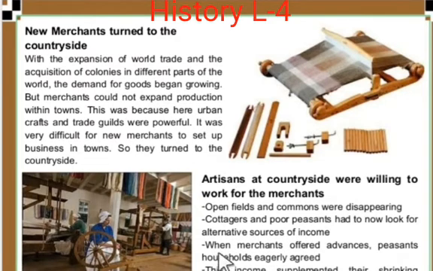When the merchant offered an advance, peasant households eagerly agreed because they were poor. When the rich were giving them money, they were ready to work, and this income supplemented their shrinking income from cultivation and made fuller use of their family labor resources. The whole family of the artisans worked together for their earning.